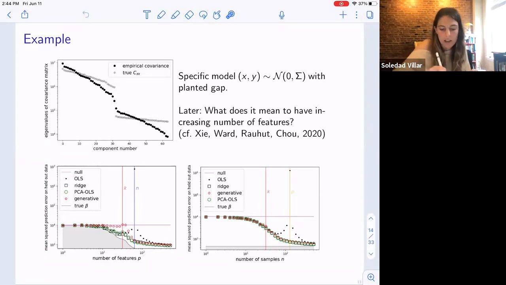In this plot, I'm showing the behavior of ordinary least squares, which has this double descent phenomenon, it goes like this. Then PCA, ridge regression and PCA-OLS are monotonically decreasing, or almost. And the generative model has some weird behavior that we are not able to explain yet.